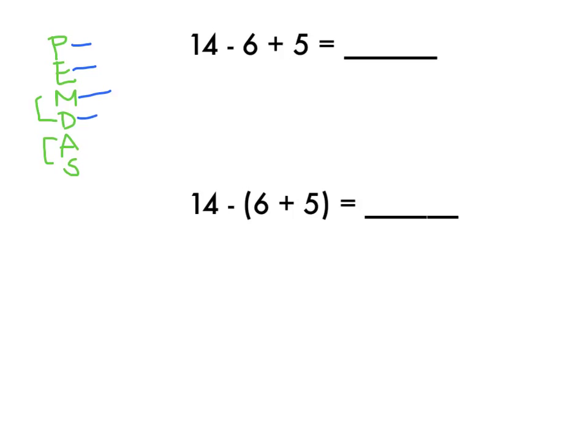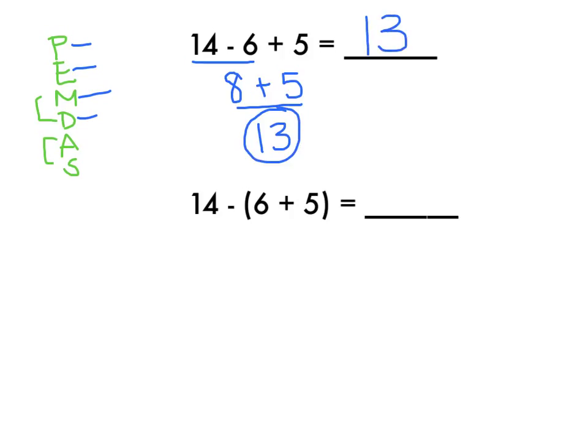So if we follow the order of operations, we can see that it's addition or subtraction, whichever comes first from left to right. The first thing that I see is 14 minus 6. So I'm going to solve that and get 8, and then I'm going to think about my next step, which is 8 plus 5. I'm going to solve that, and my answer is going to be 13. So then I'm going to go back and fill in my equation.